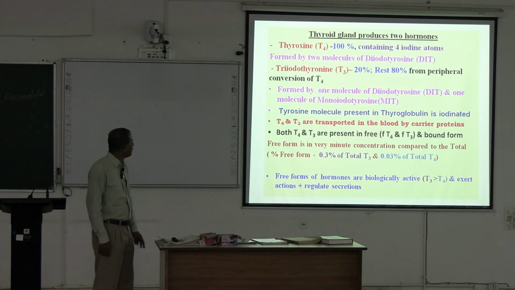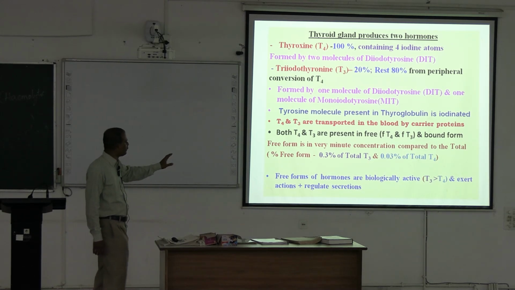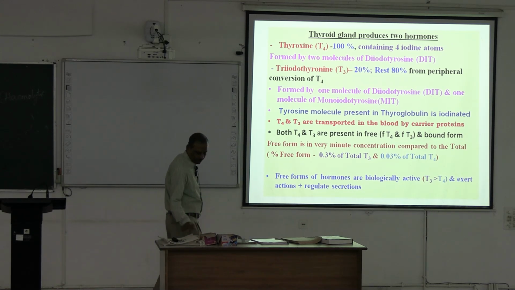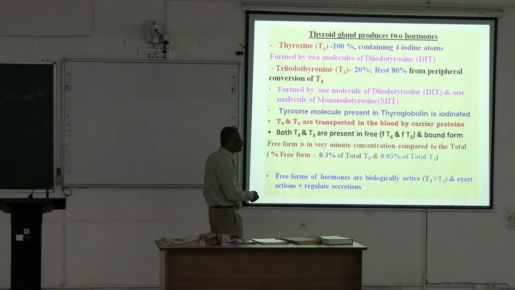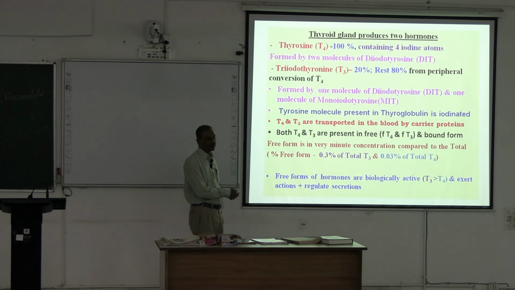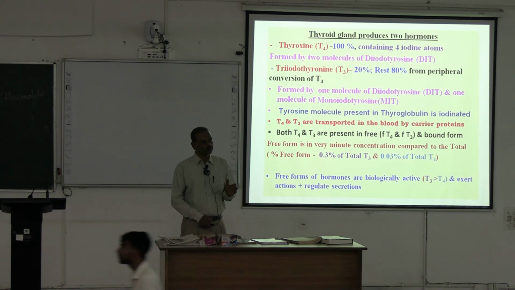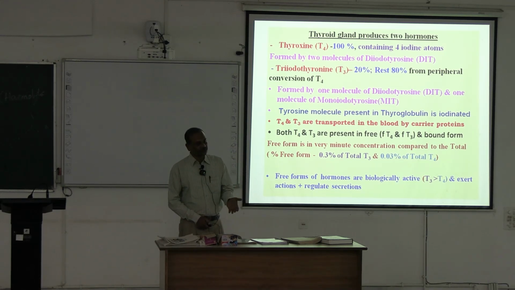You can see the free form of T3 is only 0.3%, that means 99.7% is bound form, and that acts as a store. And similarly 0.03% of total T4 is in free form, and that is the active form, and that controls its own secretion, that exerts its activity.